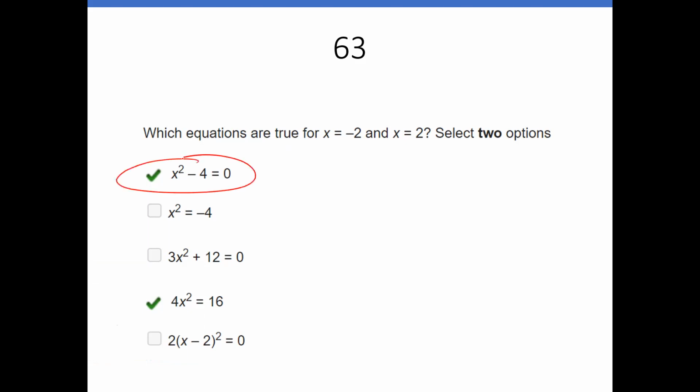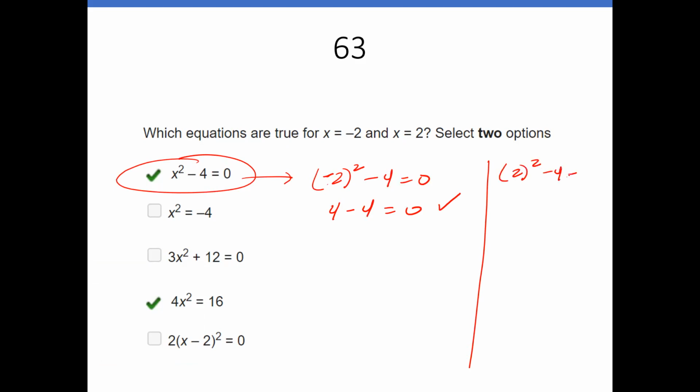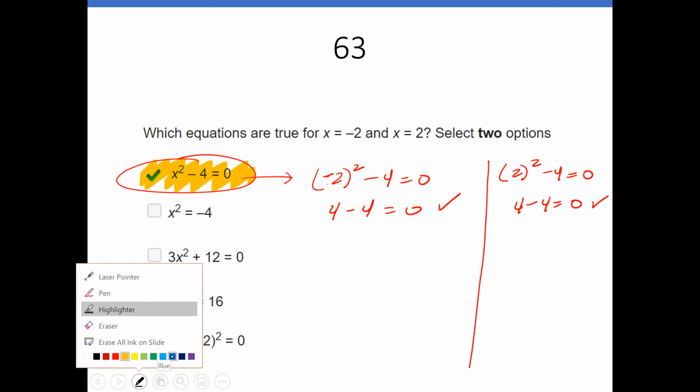So if you take a look at this part right here, if I put -2 squared minus 4 equals 0, does it equal 0? -2 times -2 is a +4, and yes, it equals 0. But does that also work if I use +2? 2 squared minus 4, does it equal 0? 2 times 2 is 4, minus 4, yep, this is definitely one of my answers, A as in apple, that works. My second answer is gonna be D as in dog.